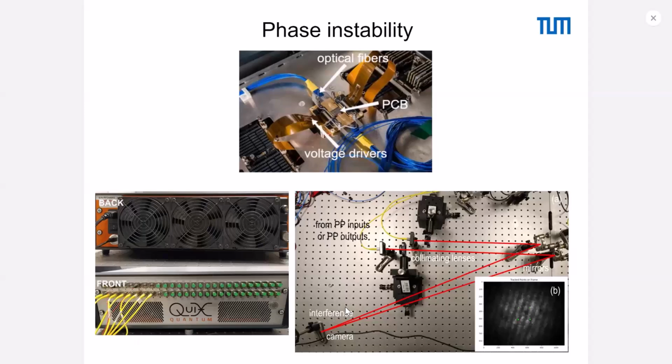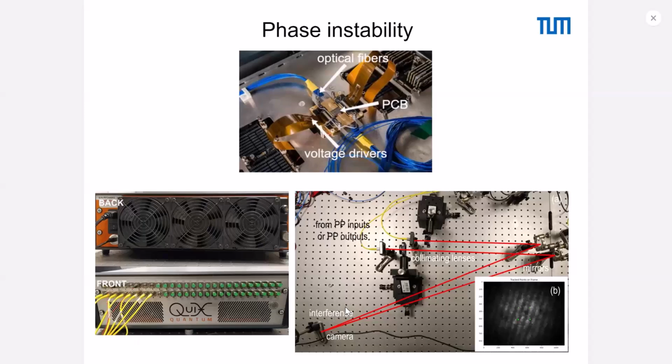It's completely independent. We divide our chip constantly into two parts. The first part is the transformation part. It can be Hadamard, a Fourier transform, or any transformation. The second part of the chip is independent.